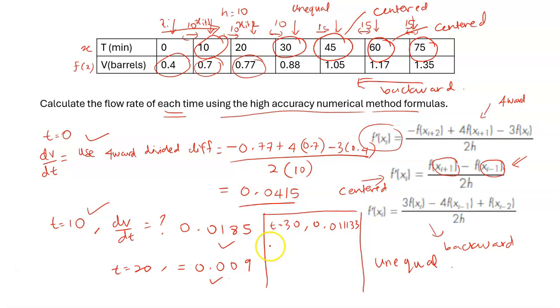When t equals 45, the answer would be 0.009667. When t equals 60, the answer is 0.01. When t equals 75, the answer would be 0.014. Okay?